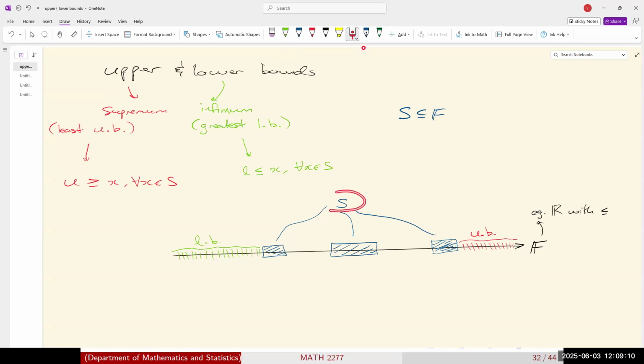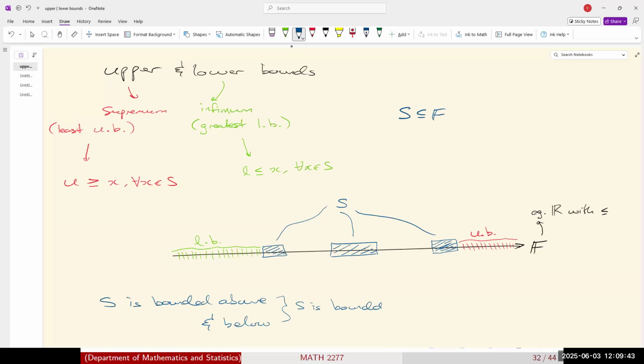In this particular example, notice that for this set S, it has upper bounds and it has lower bounds. So it is bounded above and below. When a set is bounded both above and below, we simply say S is bounded, or a bounded set.